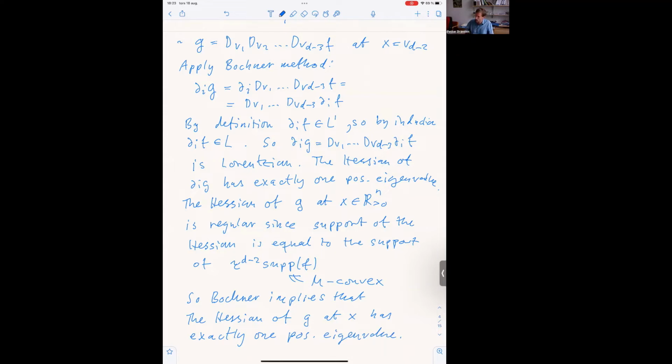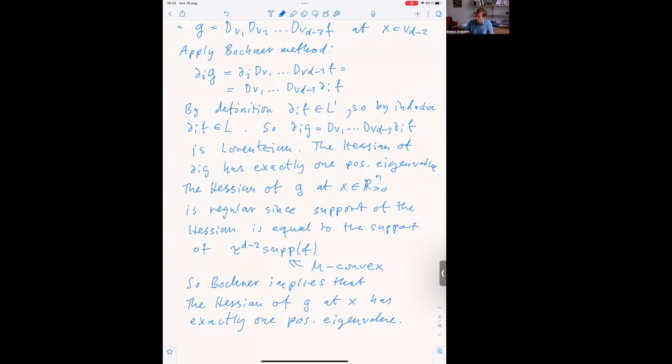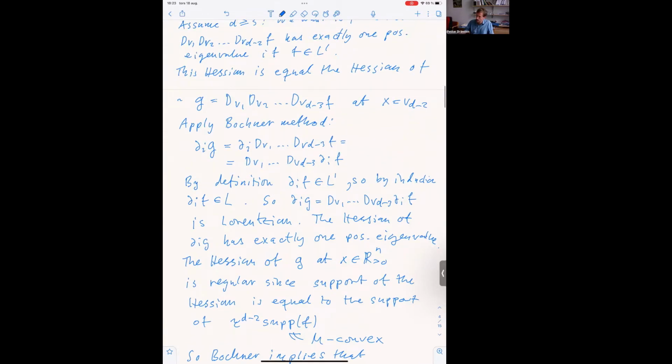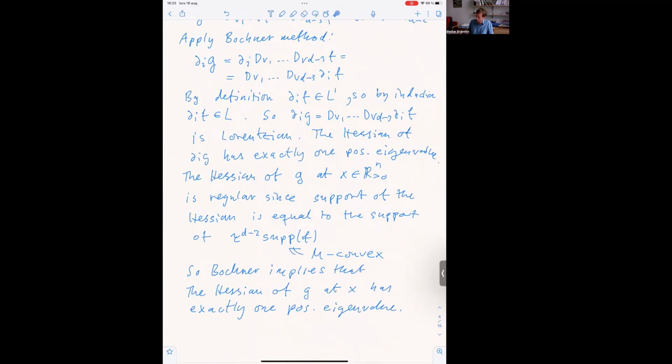And as we said, this is exactly what we wanted to prove, because this is the Hessian, the matrix that we want to look at. The construction was that these two Hessians agreed. So this is what we want to prove.